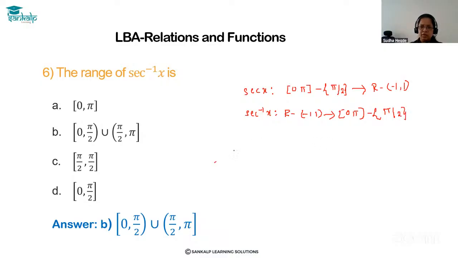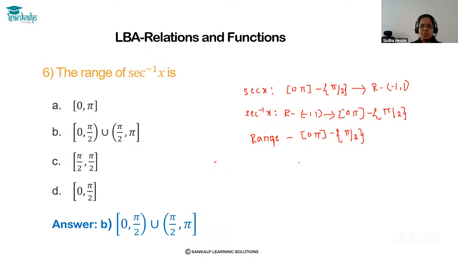Okay. Therefore, the range of secant inverse is 0 to pi minus pi by 2.